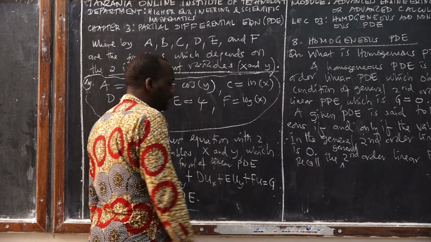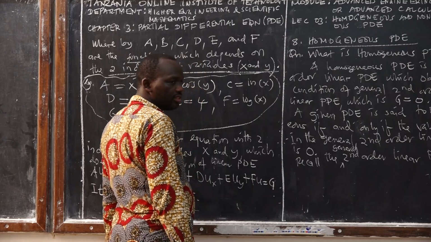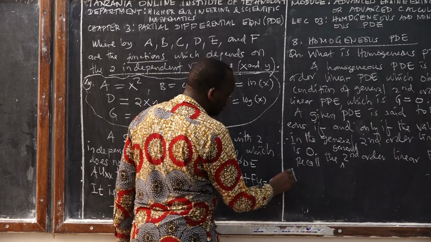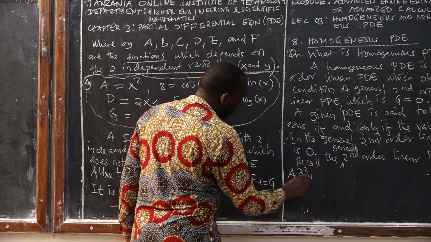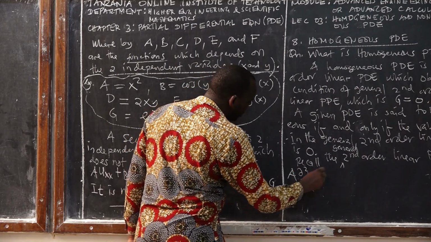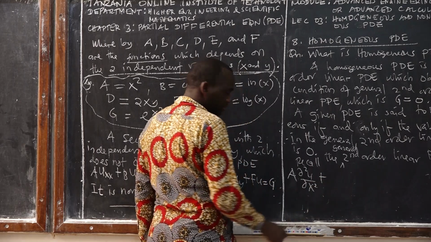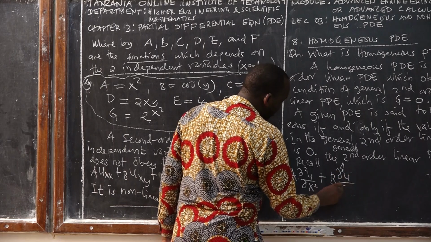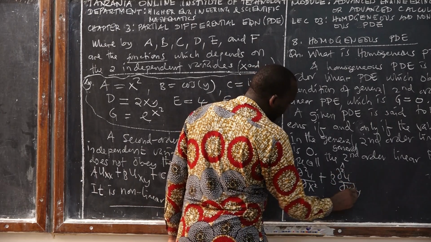Stop writing. So tell me, A. Second partial derivative of u with respect to x plus what? B. Second partial derivative of u with respect to x and y.